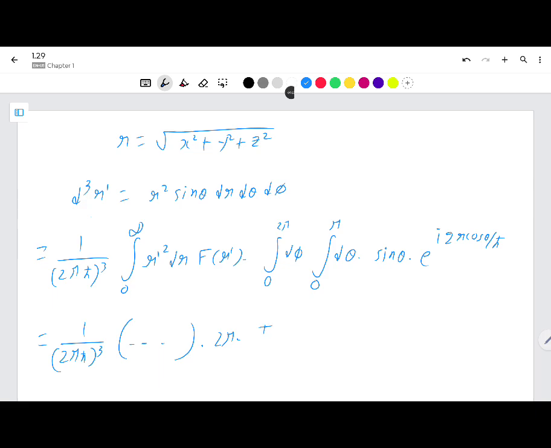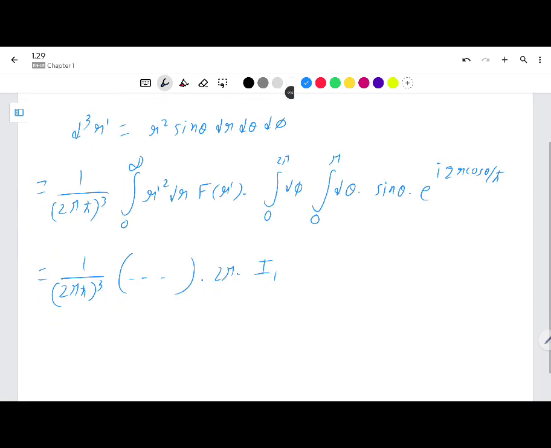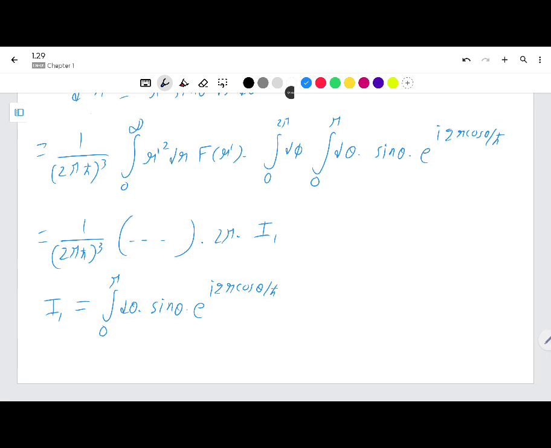So I just write it as I1. Okay, so I1 is equal to the integral from 0 to pi of d theta sin theta times the exponential. We define a new variable. Cos theta is u, so minus sin theta d theta is equal to du.